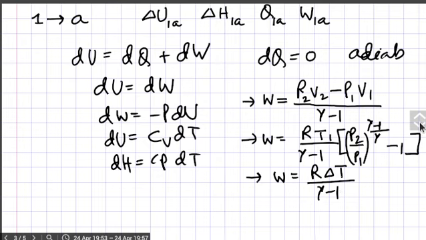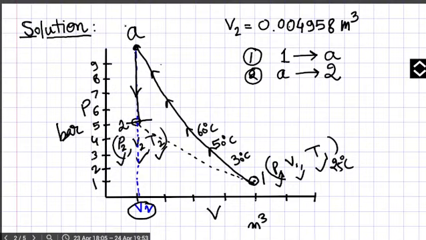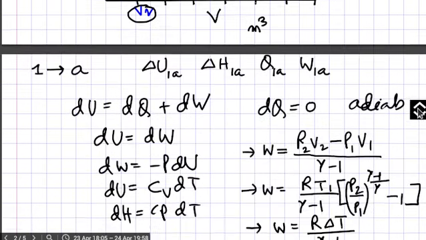So we need to find out which value is easy to calculate. So here at this point we need to find out what is the pressure, what is the temperature, and what is the volume. Volume I already know, this is V2 volume, but these two quantities we don't know, and these quantities will be used in this formula.